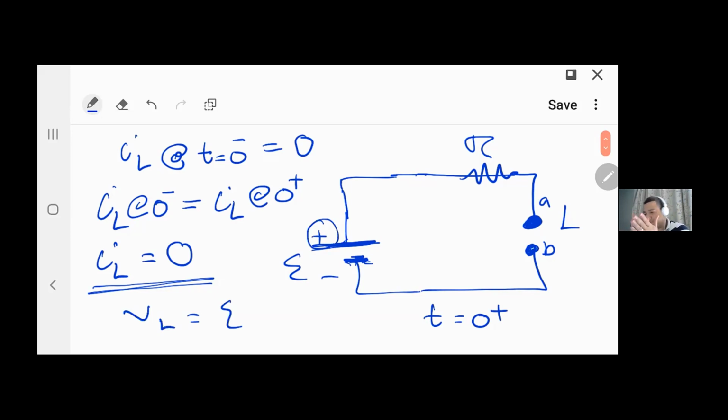Is this clear? So the answer to this problem would be B, the inductor. Questions?